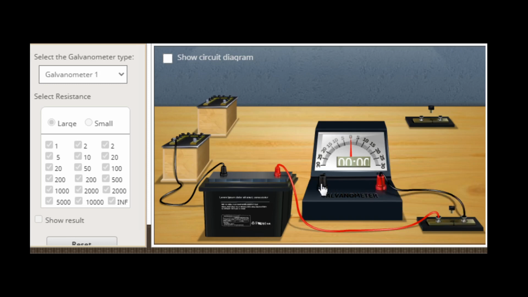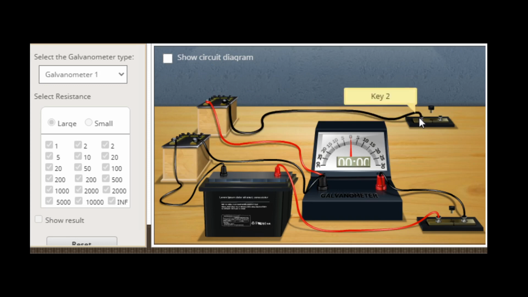The high resistance box, battery, galvanometer and key, and then shunt is connected in parallel to the galvanometer coil. So let it be connected like this.